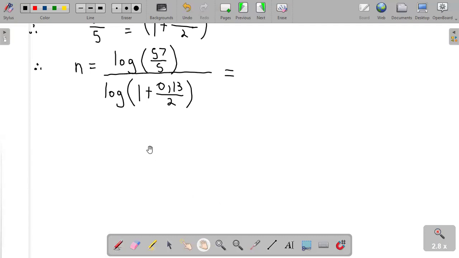So this will give us the n, isn't it? It gives me 38.6442.